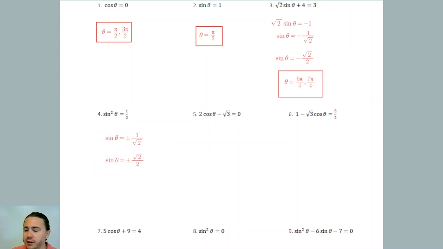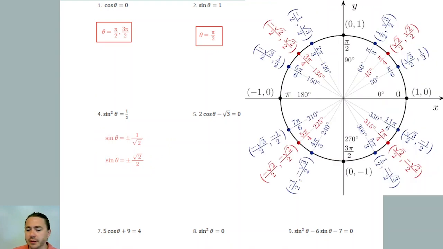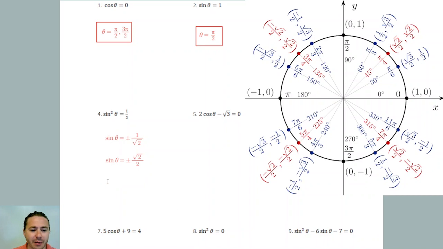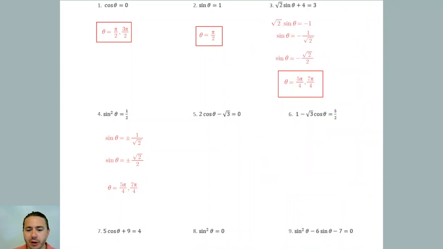And so now as we look around the unit circle, let me bring that back. We're looking for any angle measure where the y coordinate on the unit circle is either positive root 2 over 2 or negative root 2 over 2. So now I can actually grab that 3 pi over 4 that I had before, and including all those same angles that I had before, because we already found up here what angle measure gives us a sine theta value of negative root 2 over 2, right?